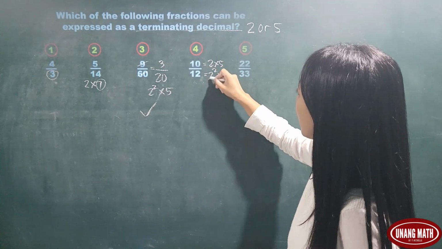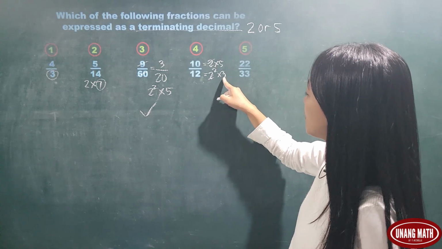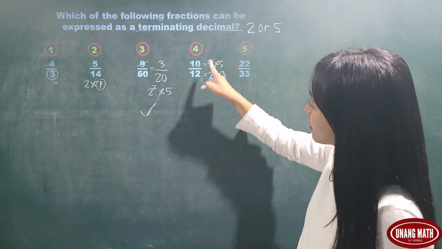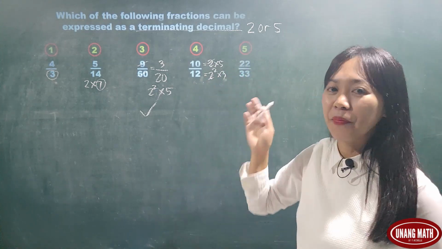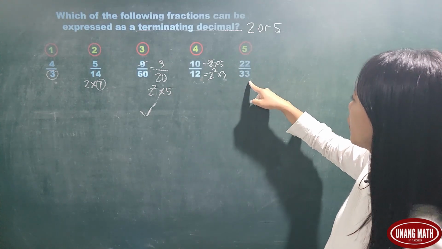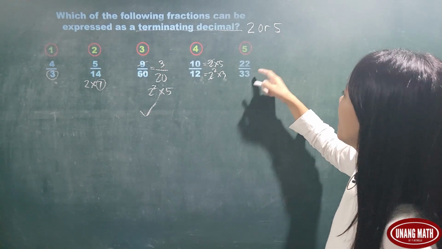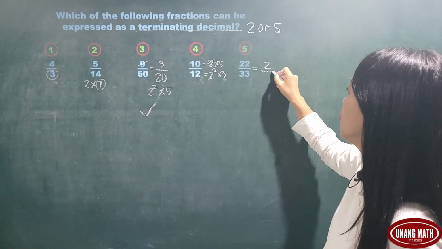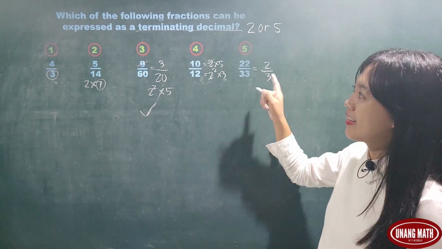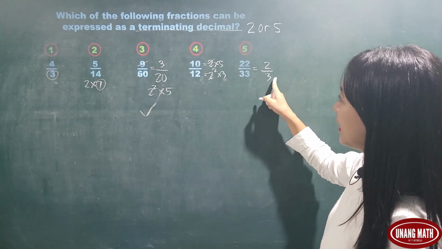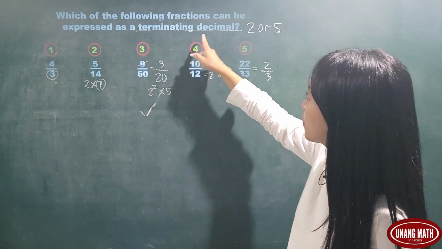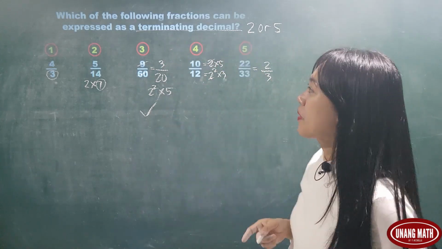Even if we simplify, we still have 3 in the denominator as a prime factor. So number 4 is also a repeating decimal. For number 5, 22 over 33. If we simplify, this is equal to 2 over 3. The denominator is 3, so this is a repeating decimal. So the answer to which of the following fractions can be expressed as a terminating decimal is number 3.